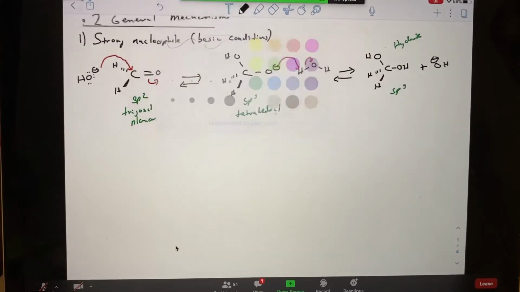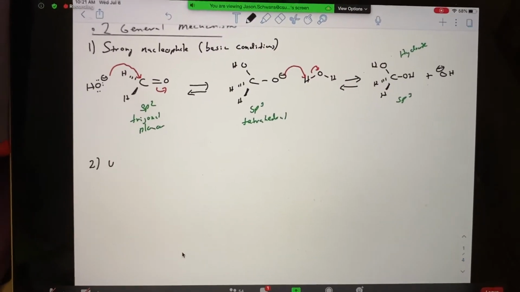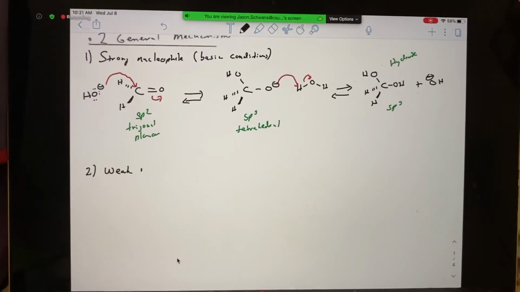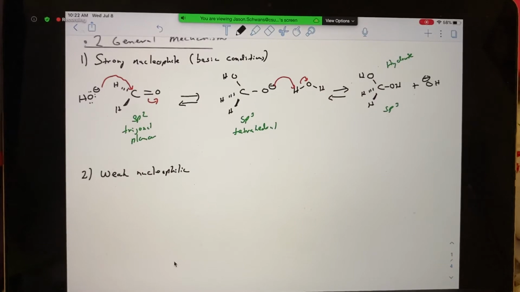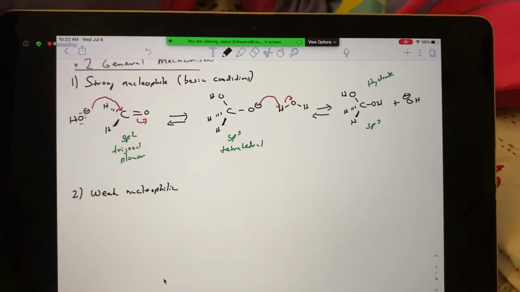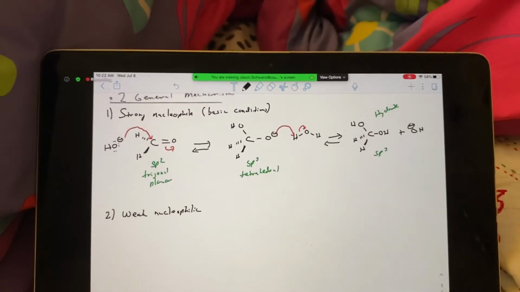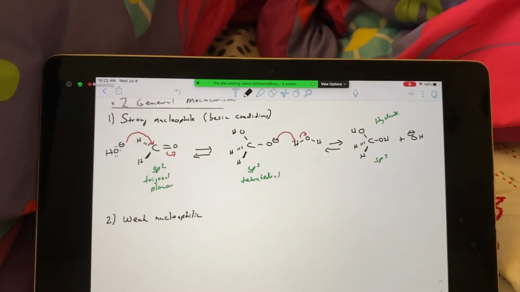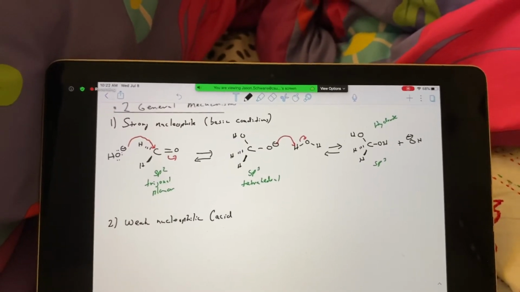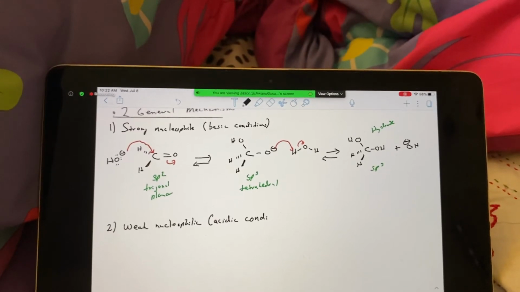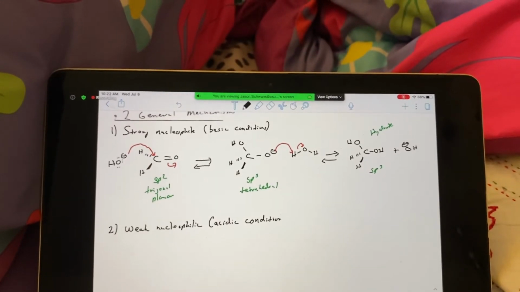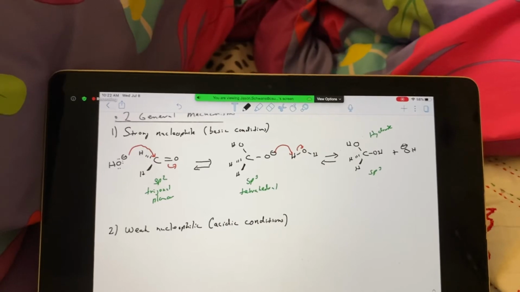To rather than with a strong nucleophile, a weak nucleophile. And generally with a weak nucleophile, the reaction is going to be so slow that you won't actually see hardly any reaction. So what we're going to do is add just a drop of acid. So this will be, as opposed to basic conditions, this is going to be under acidic conditions.